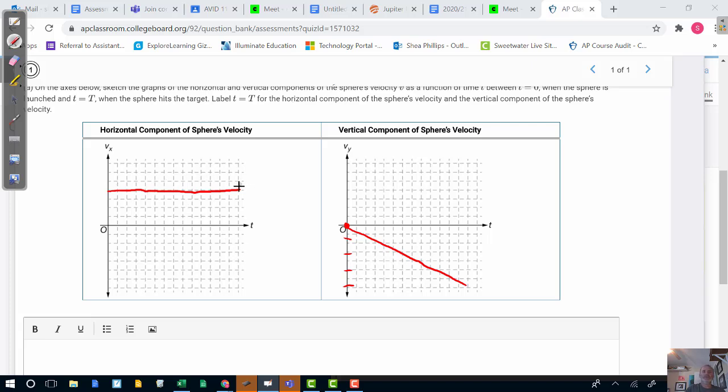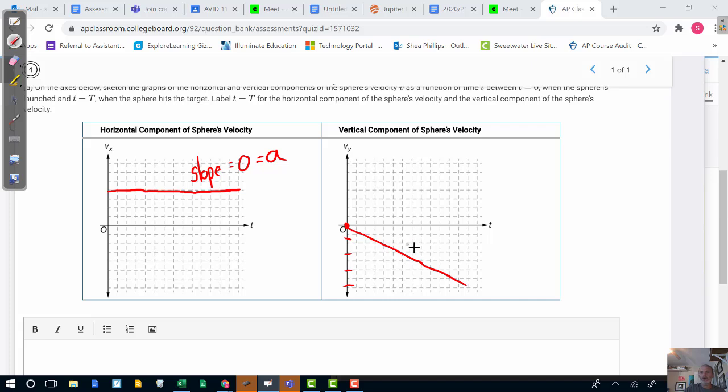So the x direction is not changing. The y direction, it picks up speed. And note here that the slope is 0. This is just an extra thing, but the slope is equal to 0 for the x direction. That means acceleration is 0.